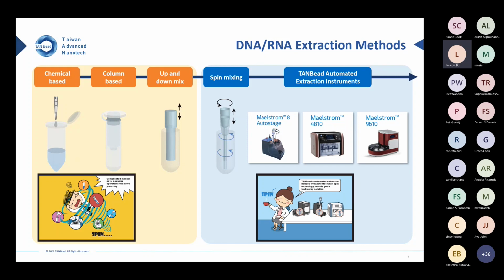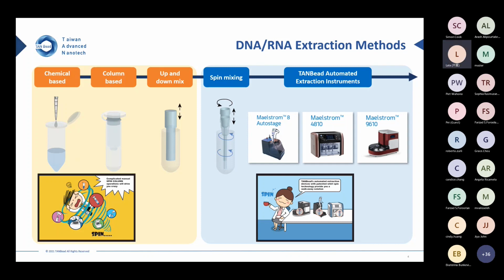For manual preparations, there are chemical-based and column-based extractions, and as the name suggests, there will be a lot of manual pipetting along every step for every sample. The bright side is that we'll be able to customize any step if necessary.